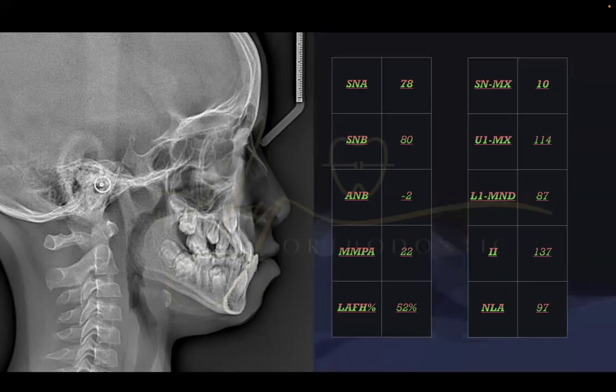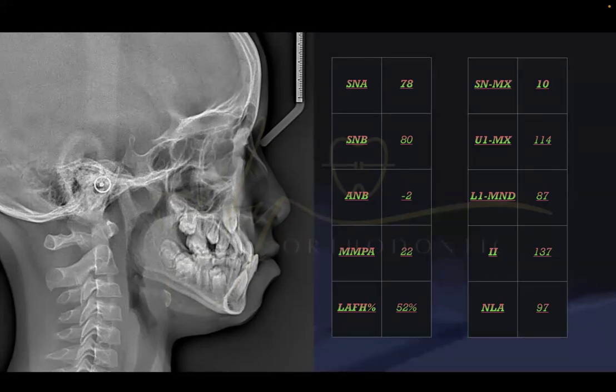And what are the types of face mask? Petit face mask, Delaire face mask. I know only these two, Delaire and Petit face mask. Thank you. When to use the face mask?